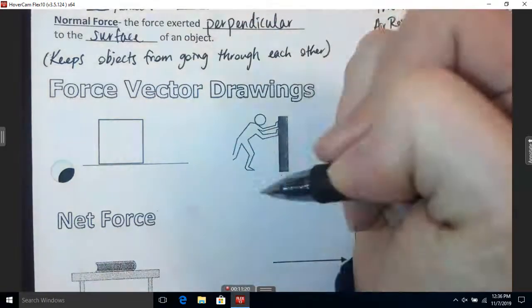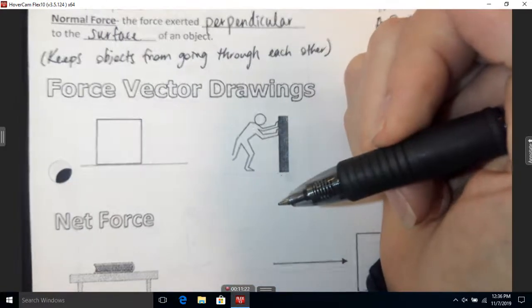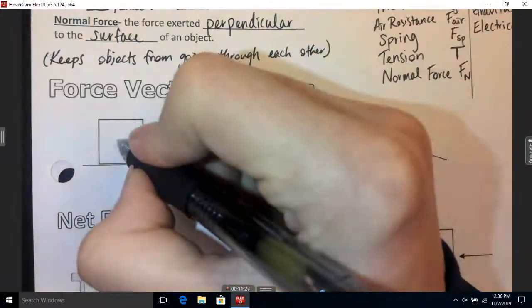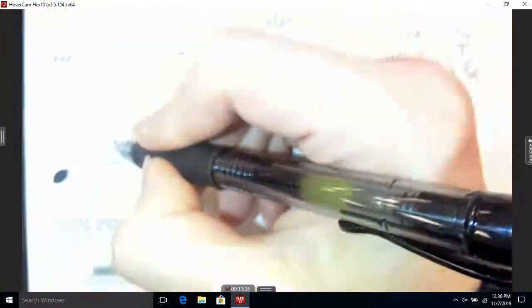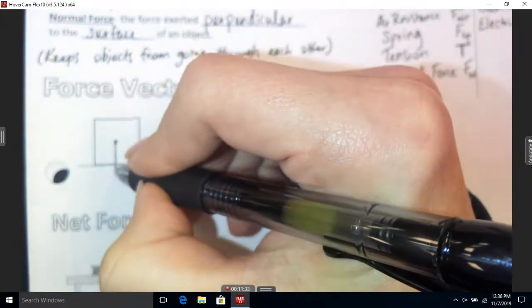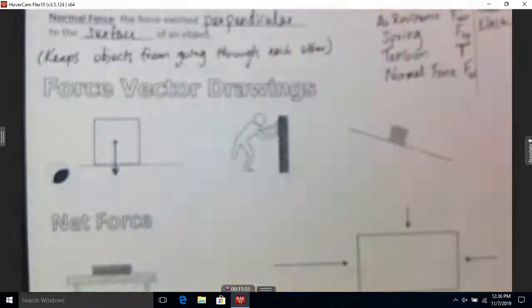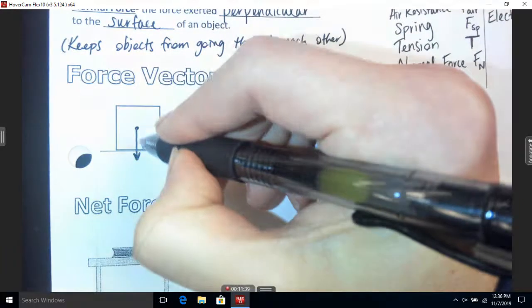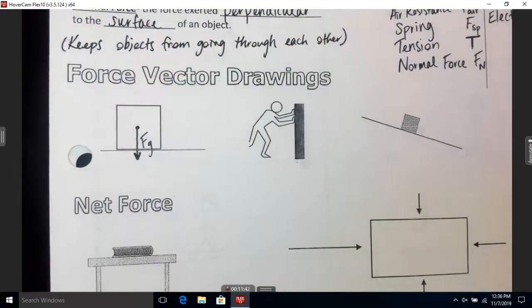Okay, so gravity acts from your center. Did y'all know that? It pulls from the center of every object. So I'm gonna do my best to give you the center. I guess that's pretty good. Gravity is a vector. Force is a vector, so there's my arrow. I'm gonna label that F, little g. Gravity's pulling down.